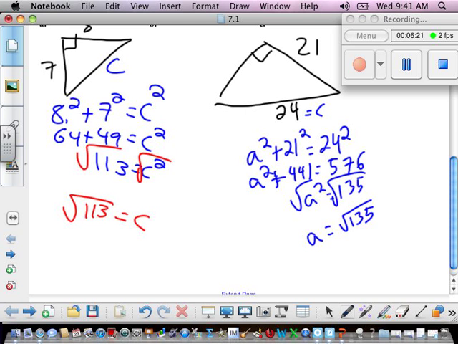Doesn't go evenly. Next biggest is 49. Doesn't go evenly. Next biggest is 36. Doesn't go evenly. Next biggest is 25. Doesn't go evenly. Next biggest is 16. Doesn't go evenly. Next biggest is 9. Goes evenly. 9 and 15.